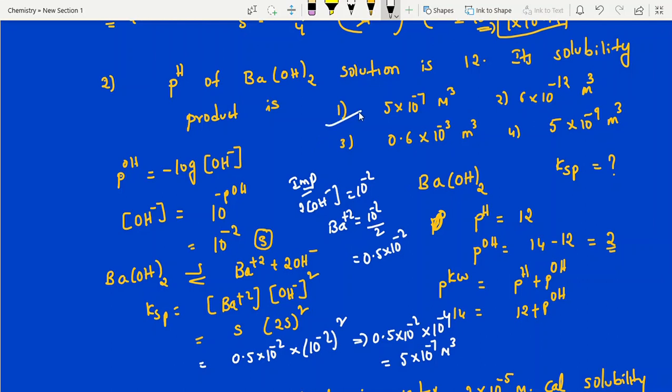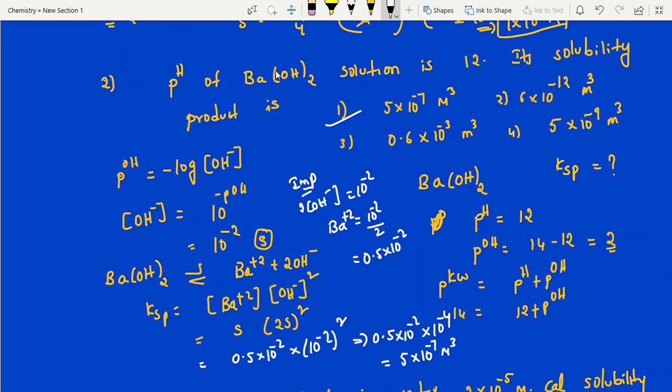Finally, I am repeating once again: here the pH of the barium hydroxide solution they had given is 12. From that you can calculate pOH. Once you know pOH, you know the OH minus ion concentration. This is the expression: pOH equals minus log of OH minus. Once you know the OH minus ion concentration, you keep it aside. Then you come back to the question. The pH of the barium hydroxide solution is given.